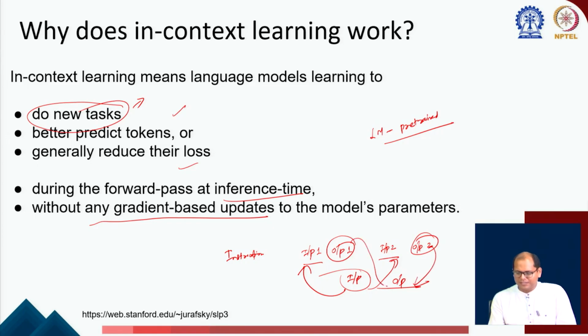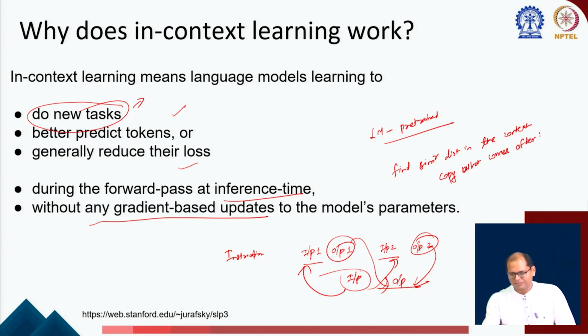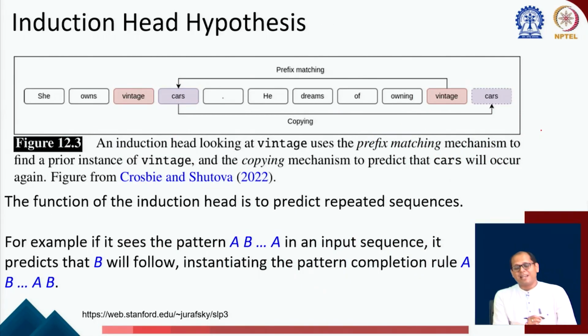It tries to see where a similar distribution of words appears in the context, find the similar distribution in the context, and then copy what comes after that, very simply. That is the induction hypothesis.